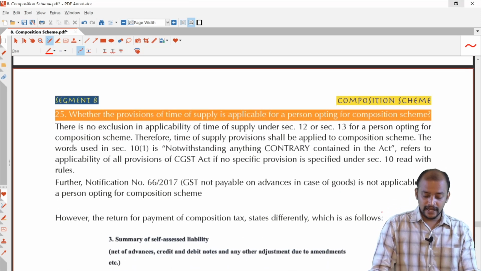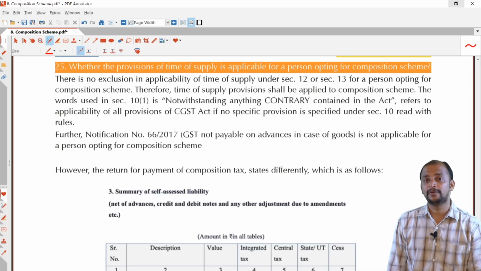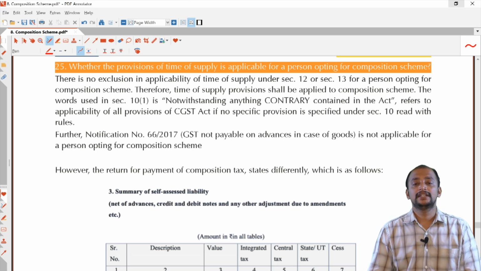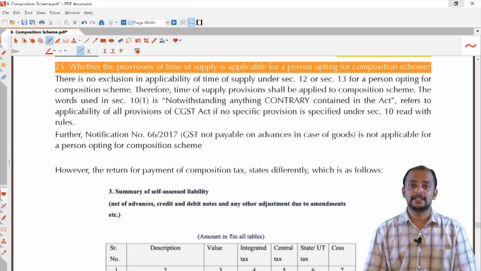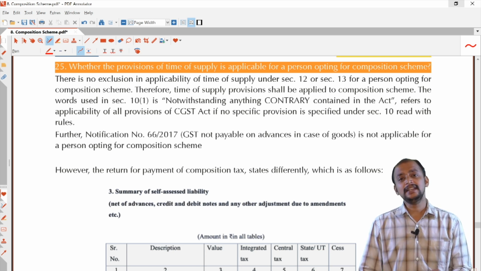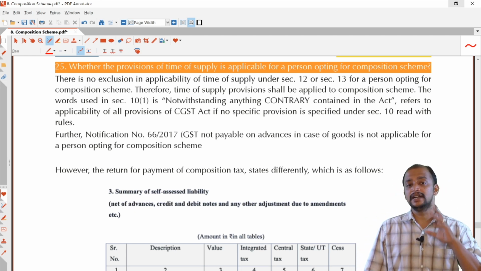Then, whether the provisions of time of supply are applicable for a person opting for composition scheme. That is, whether GST is payable on advances for a person who is opting for composition scheme. Generally, in case of advances, we discussed time of supply there.